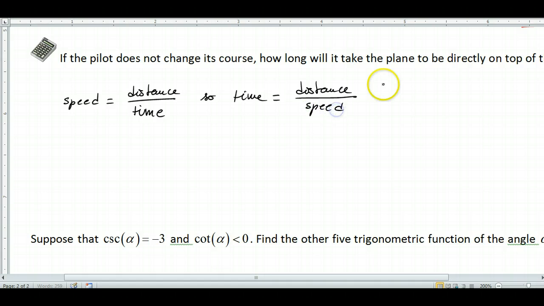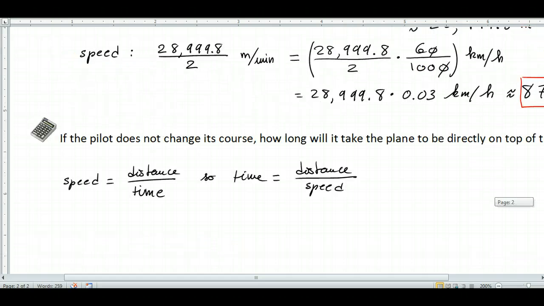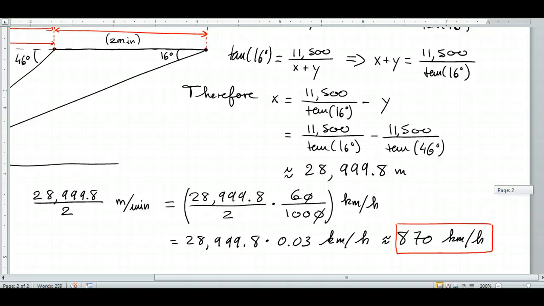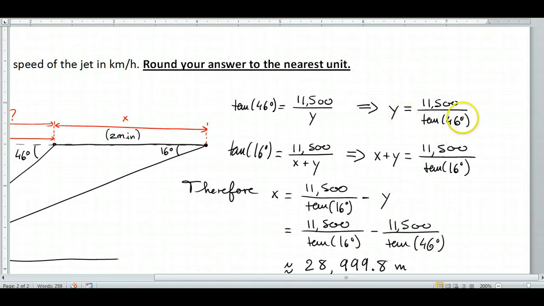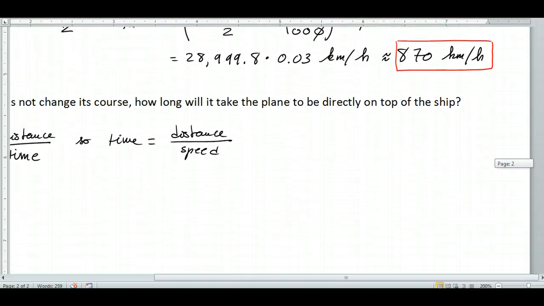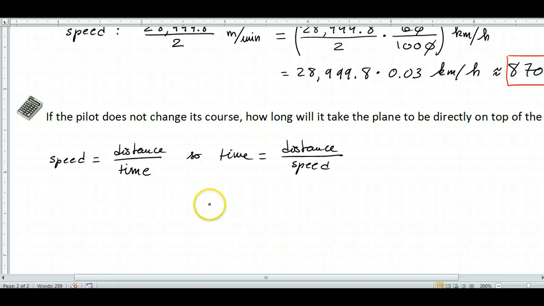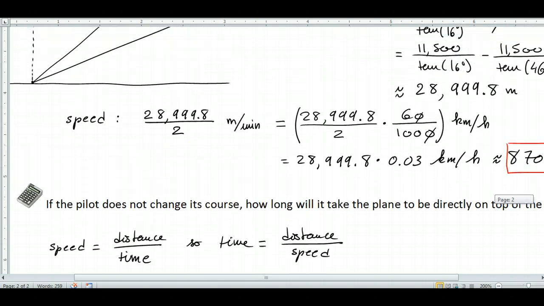Now you're going to have to be careful that the units correspond, okay? If you're taking the speed 870 kilometers per hour, you can't use a distance that's going to be in meters, okay? It has to be in the same unit of distance, okay? So let's go over the formula. So the time here is going to be y divided by, now what am I going to use for the speed?